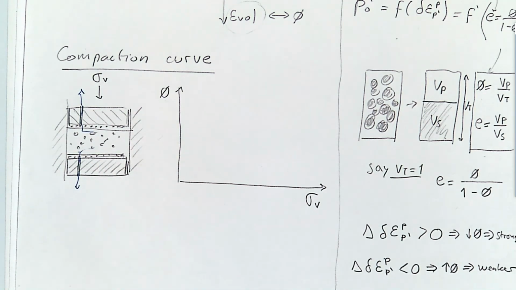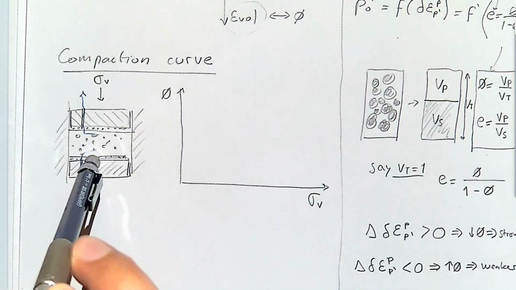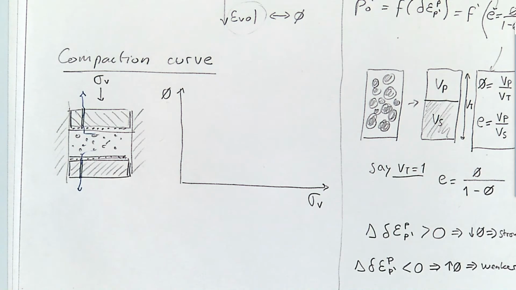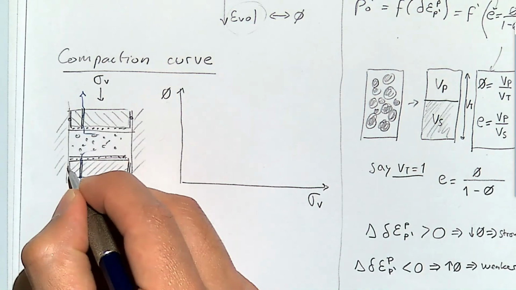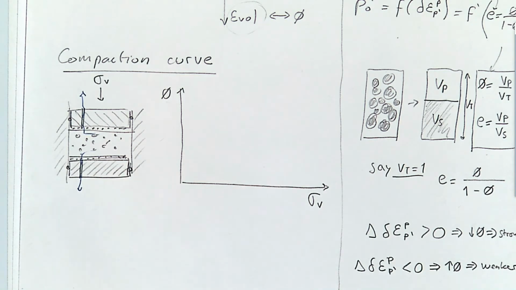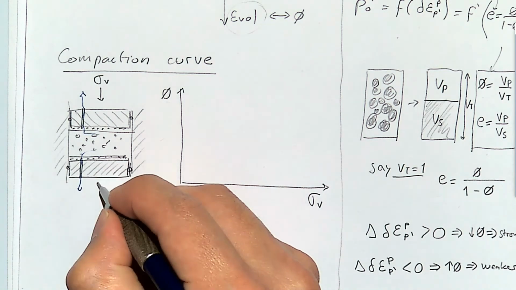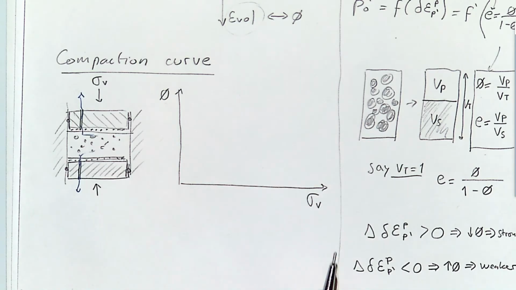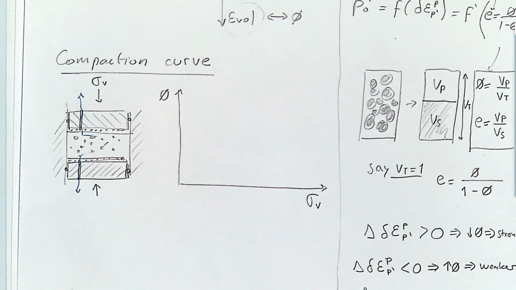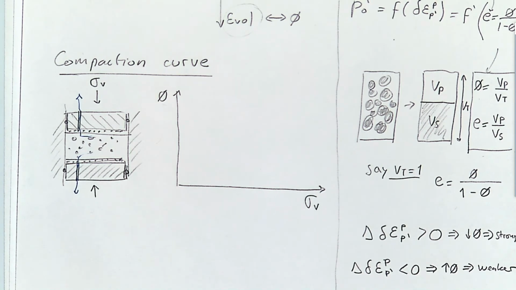Because at some point you will start to compact the pore space, and you don't want that to play any role in the compaction. And the basic idea here is that as you increase the vertical stress, porosity is going to decrease. Now, how it decreases, that's what is going to be important for us.